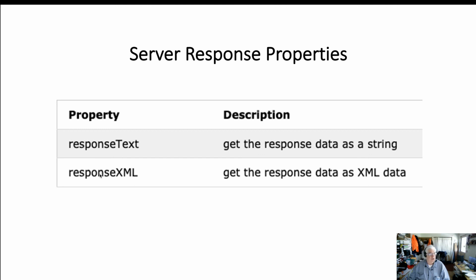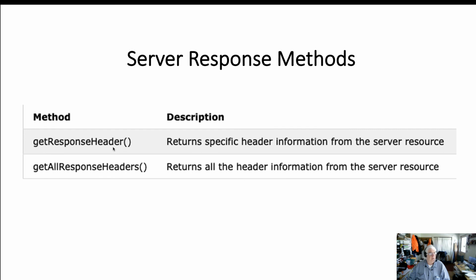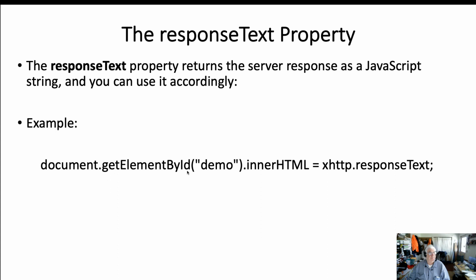Most of what I'm going to do this week is just trying to demonstrate using this AJAX, and we're going to be using responseText. The methods on the server response are getResponseHeader, which gets you specific information, or getAllResponseHeaders, which returns all the header information from the server resource.